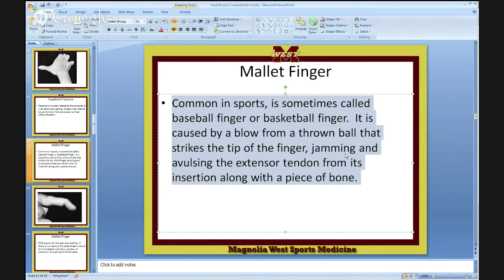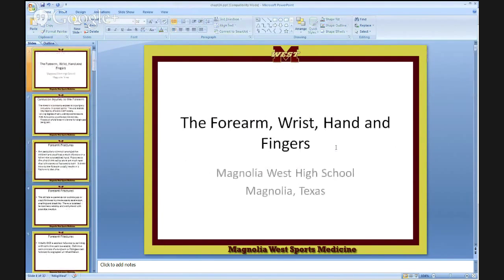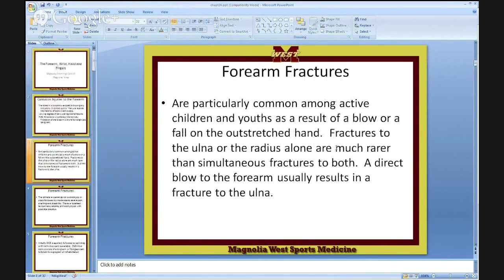True or false? Let's go all the way back up. Number 3. Slide 3. A direct blow to the forearm usually results in a fracture to the... Make sure you know which bone. That tells you. All right?